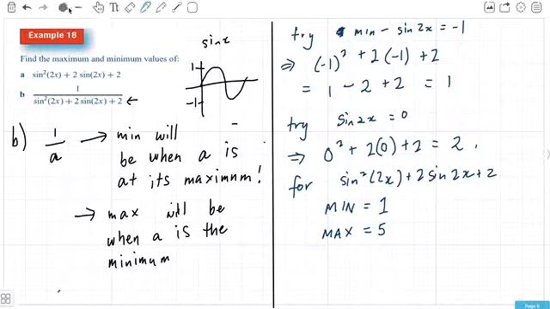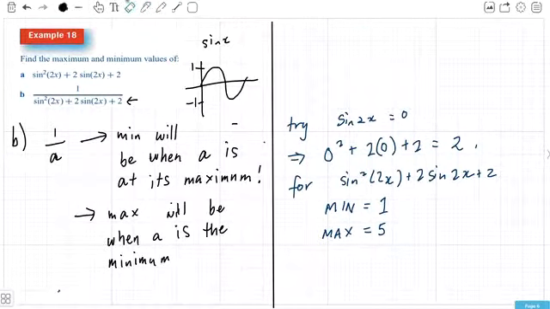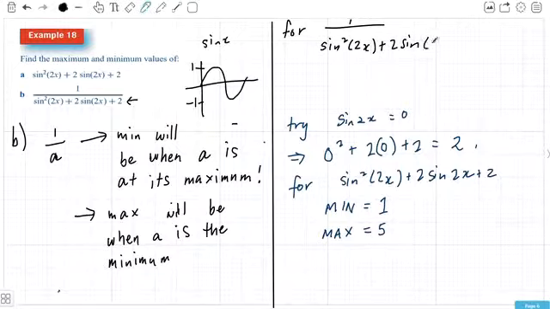So we know already the maximum and minimums for that expression on the bottom. So what that means is we can straight up write this down for 1 over sine squared 2x plus 2 sine 2x plus 2. We know that our minimum will be when A is at its maximum. So the maximum here was 5, so that's 1 over 5. That will be the smallest thing we can get here.